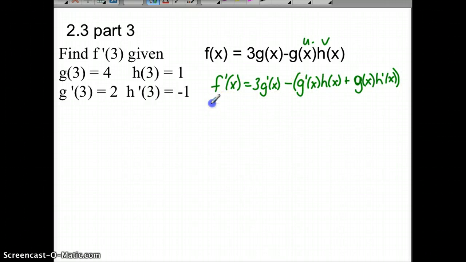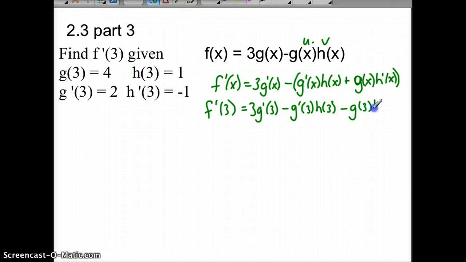The other thing is that we want to find f prime of 3. So wherever there's an x, I'm going to plug in a 3. We have 3 times g prime of 3. I'm going to distribute this negative now. Minus g prime of 3 times h of 3 minus, distributing that negative, g of 3 times h prime of 3.